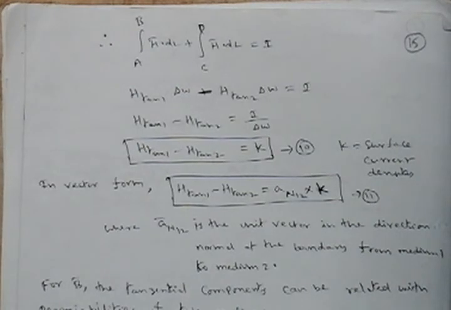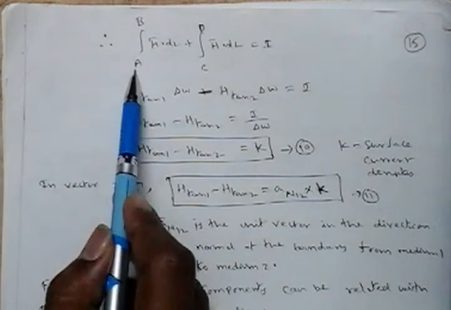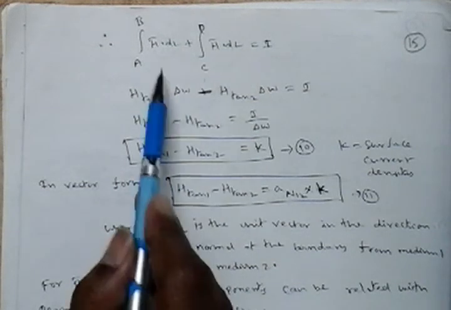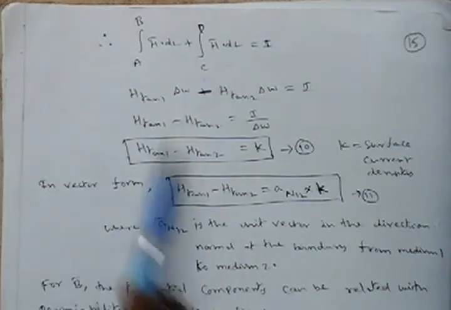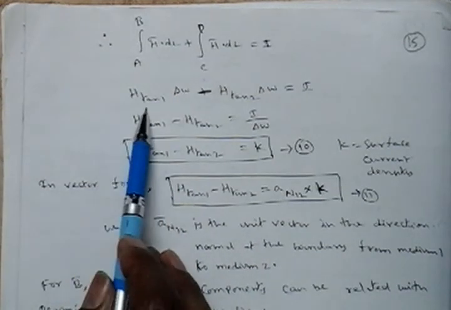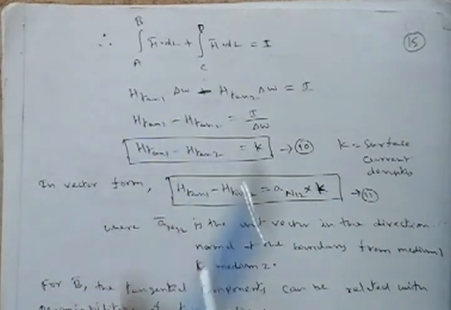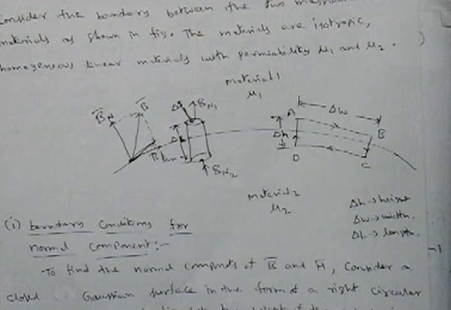When two sides are 0, the remaining terms are the integration A to B as well as the integration C to D, that is equal to I. AB is in medium 1, so H tan 1, and the integration of dl is equal to delta W, the length of the rectangular path that you have considered.